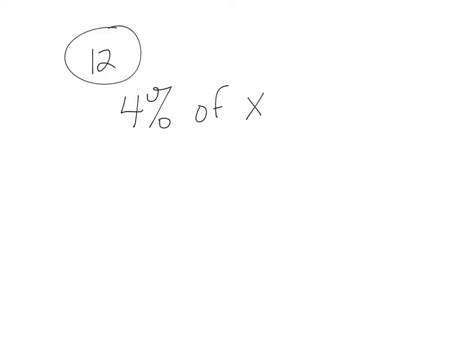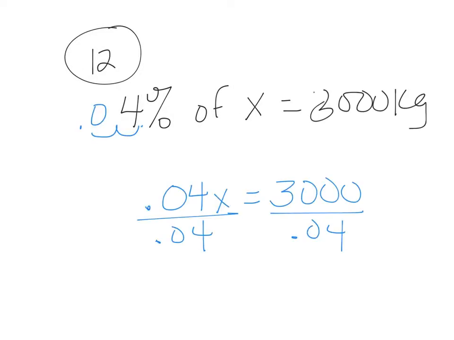Last but not least, number 12, if in a small oak tree, the biomass of insects makes up 3,000 calories, this is 4% of the total biomass. What's the total biomass? We're going to set it up the same way as our previous problem. So 4% of X is 3,000. So see our decimal here?